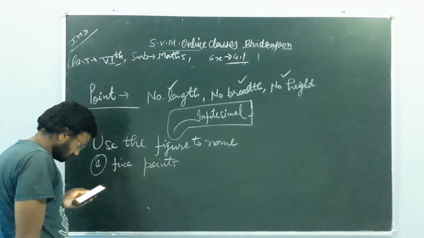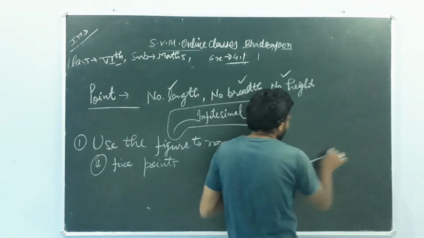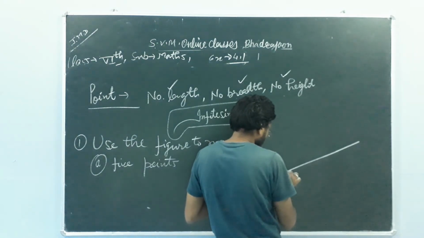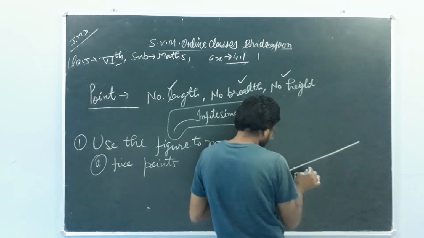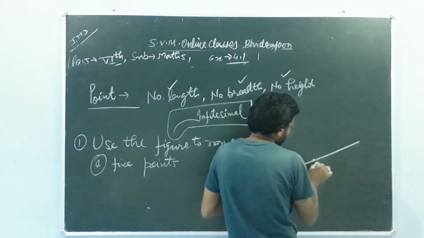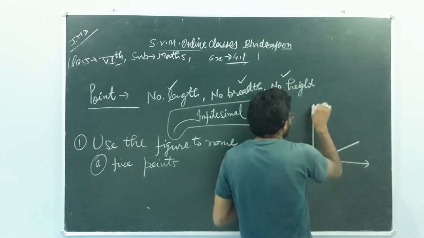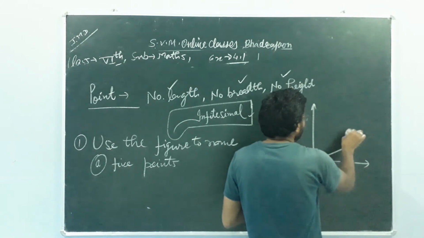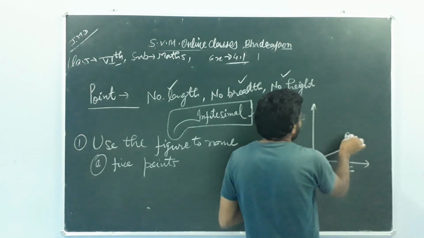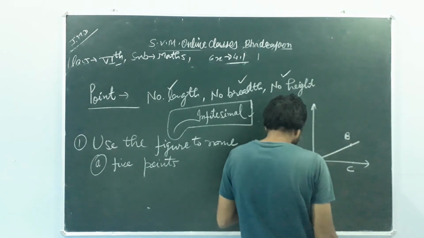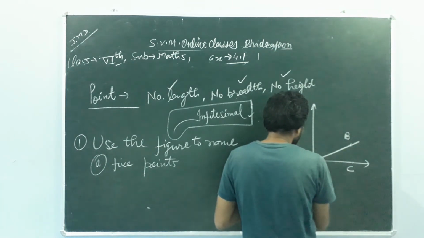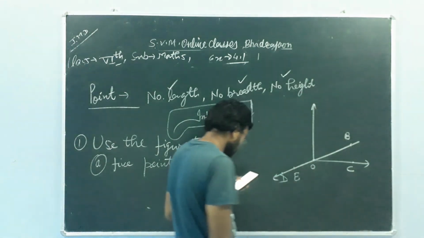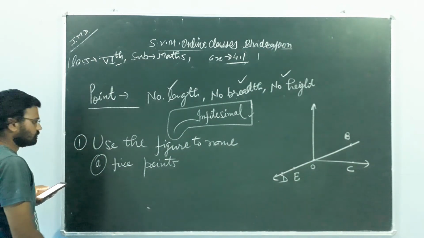I am going to just solve these. This is our figure, which starts with this D, this is E, that's O, and this point is C and this is B. First is 5 points.